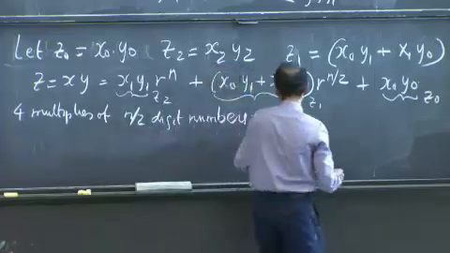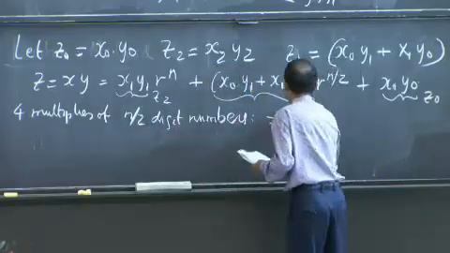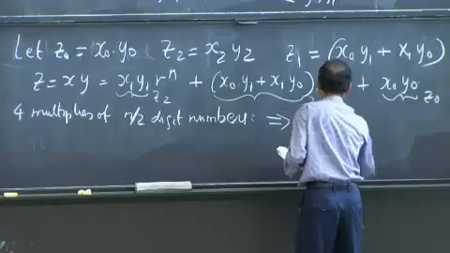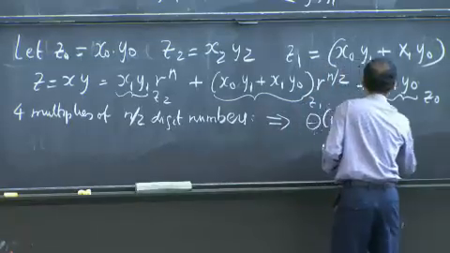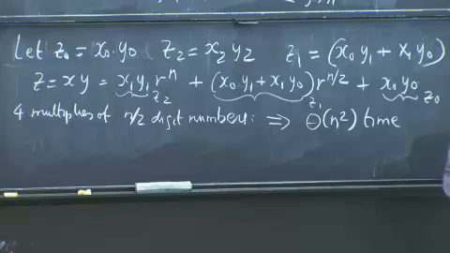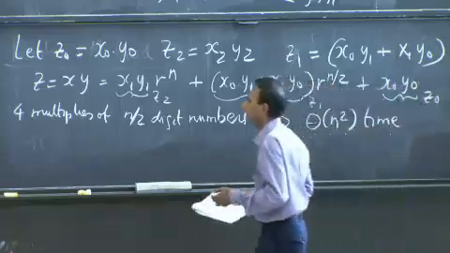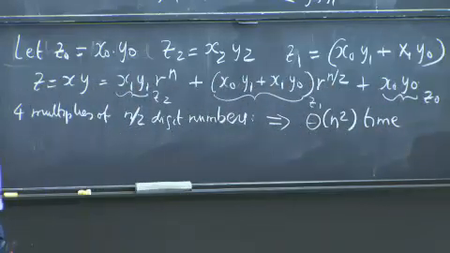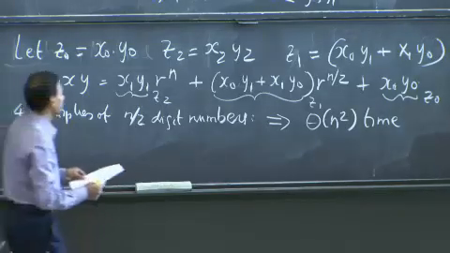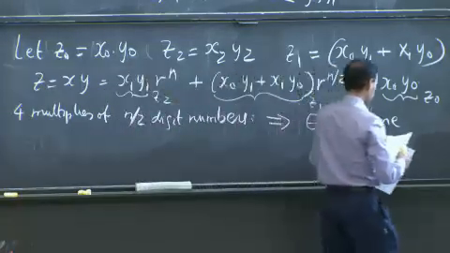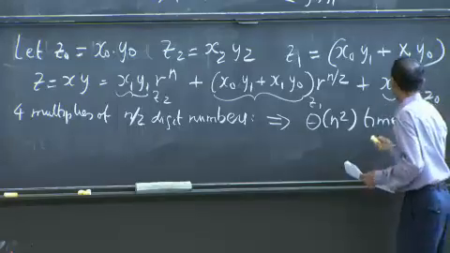By now, after you've prepared for quiz 2, I will just say that it will take theta n square time, because your recursive equation is T(n) equals 4T(n over 2) plus the linear time that you take for addition.